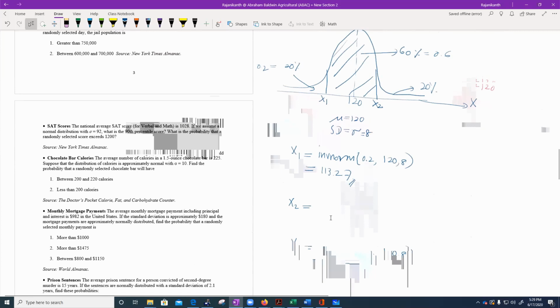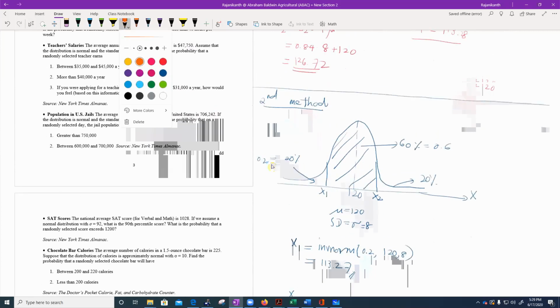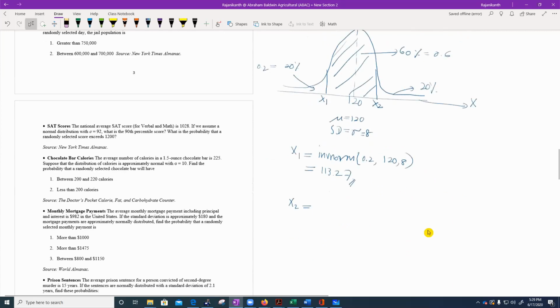What is the left side area for the point x2? You need to think a little bit. x2 is here. So the left area to that x2 is, let me color one more time, everything left side to that point, including the uncolored part. So this is the left side area for x2.